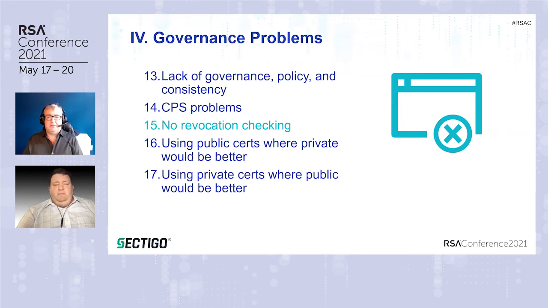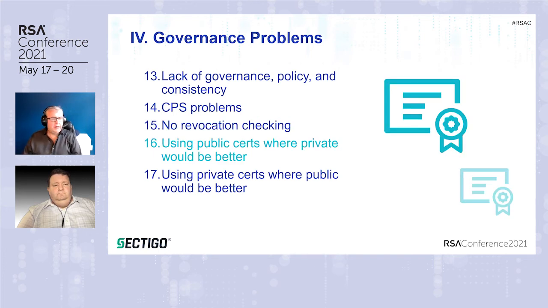We talked about that earlier. But certainly, revocation checking, especially in private trust, if you're not checking those certificates, they're essentially long-lived certificates. And therefore, that term problem we talked about earlier becomes the equivalent problem.